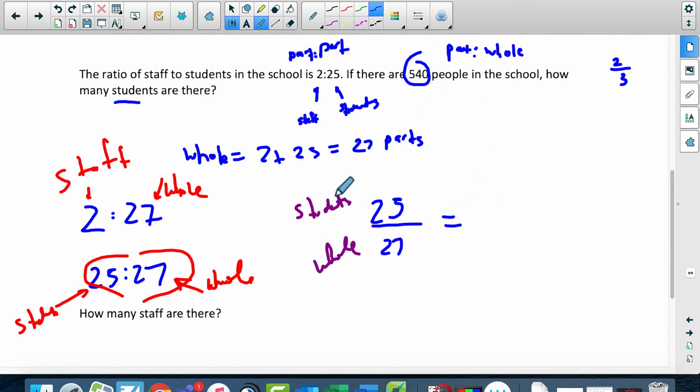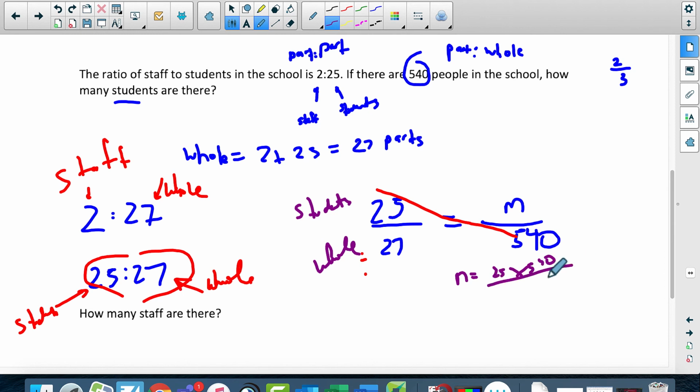And what's that? Is that students or the whole school? That's the whole school. So that goes on the bottom. 540. I'll put M this time, and let's cross multiply. So we're going to have to do 25 times 540 and then divided by 27. M equals 25 times 540 divided by 27.